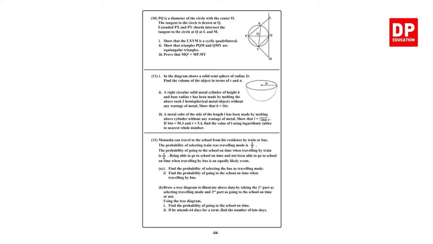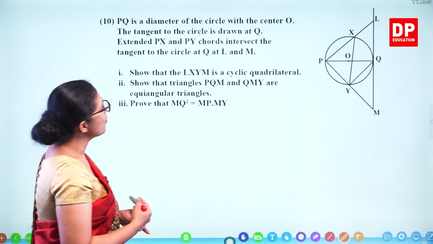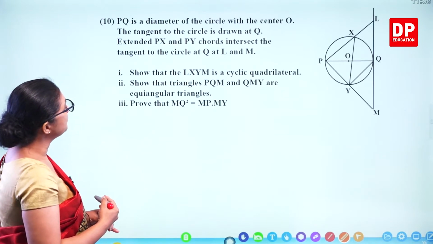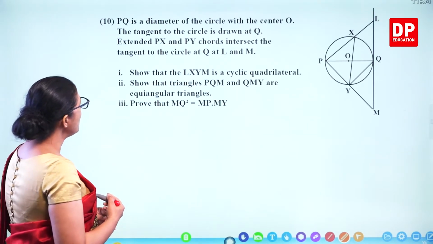Now you can try the last 3 questions. Question number 10, that's also another proving question. So you get 3 parts. So we'll do that.